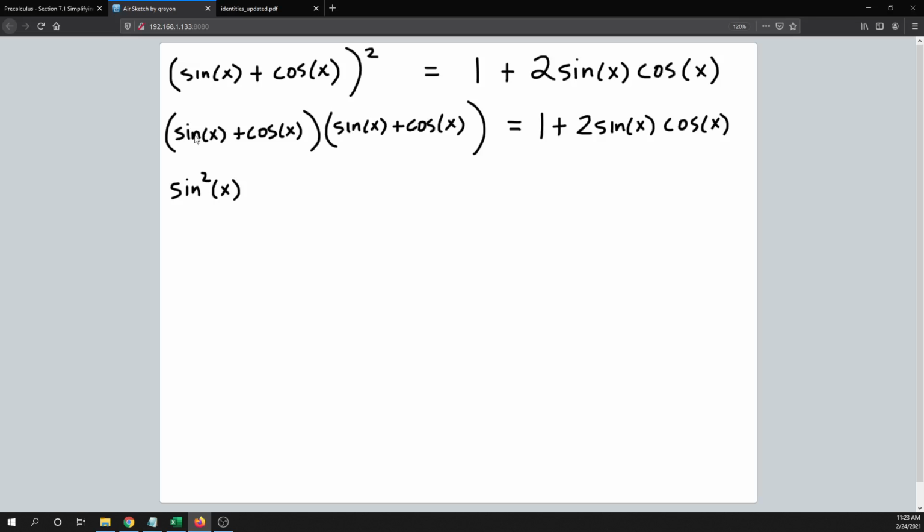And then outer, right, sine x times cosine x. And then inner, cosine x times sine x, which is the same as sine x cosine x.